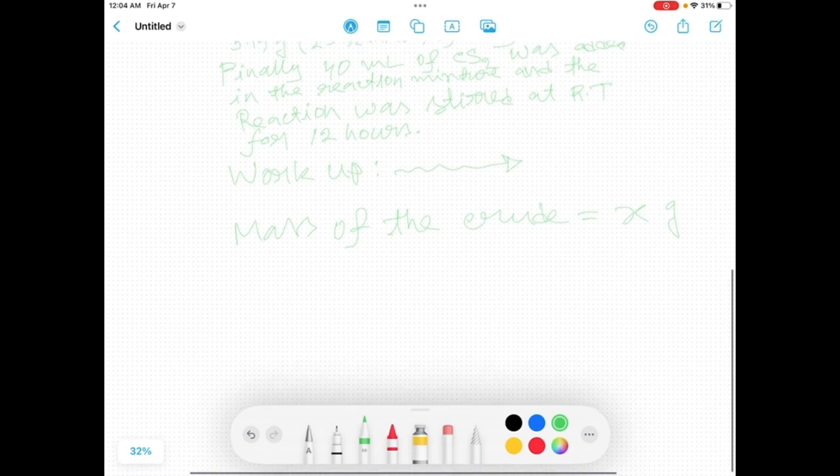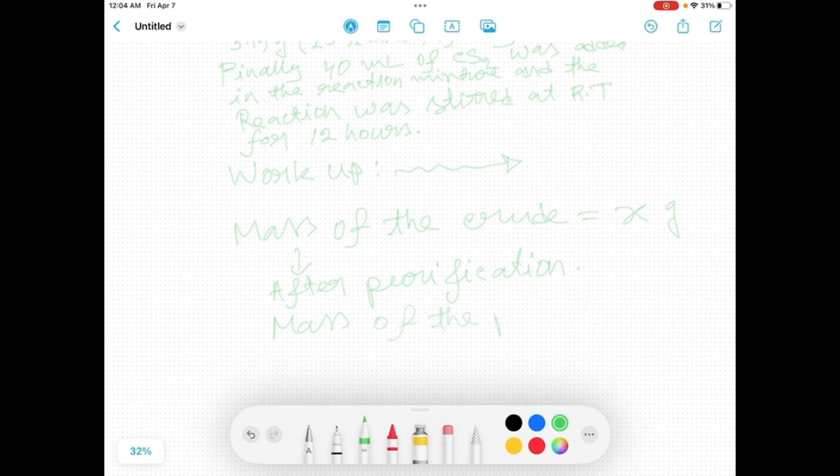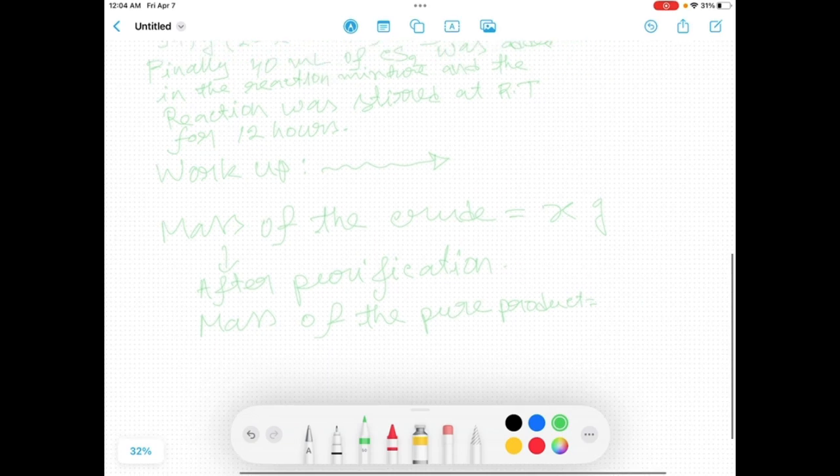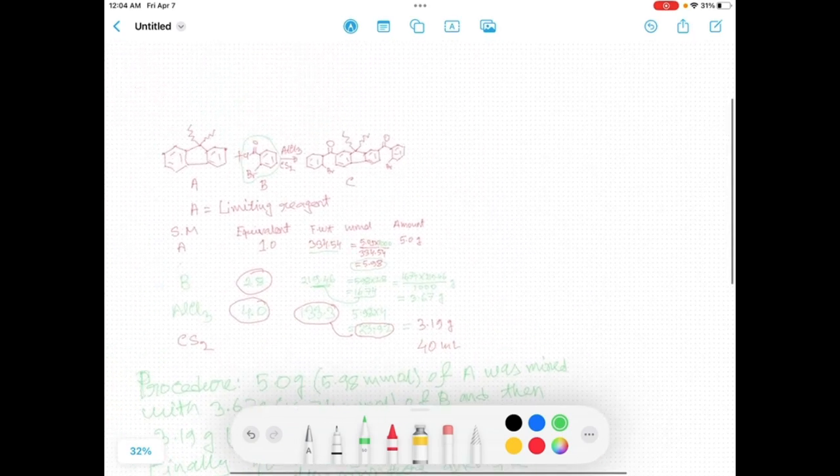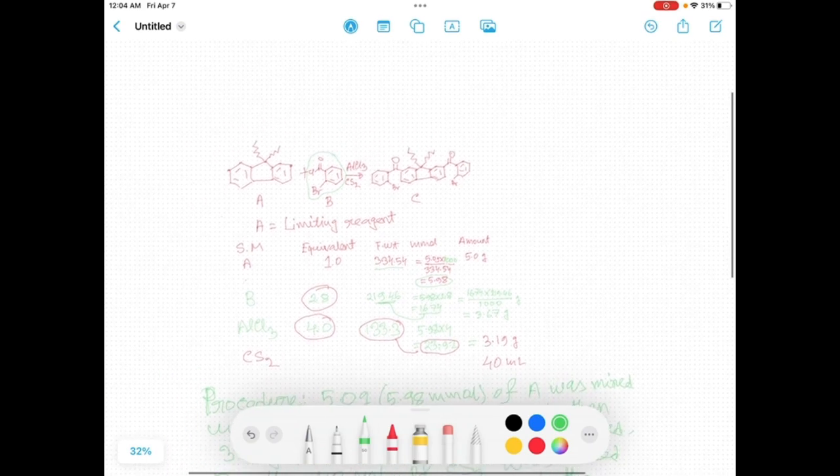Okay, and after that, after purification, suppose you get mass of the pure product, pure compound or product, suppose it is y gram. So product means this product. Okay, so here this product.